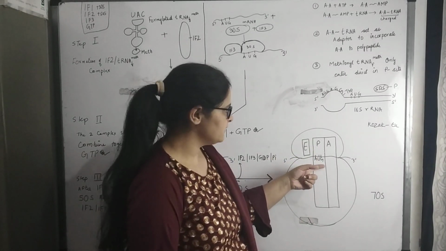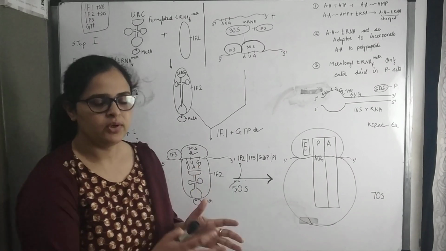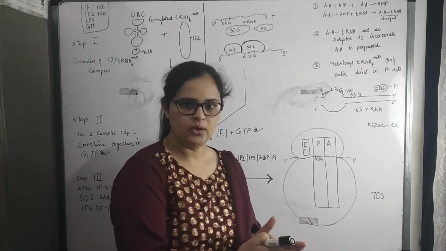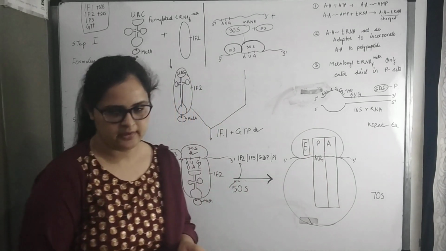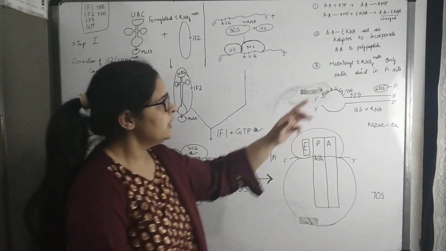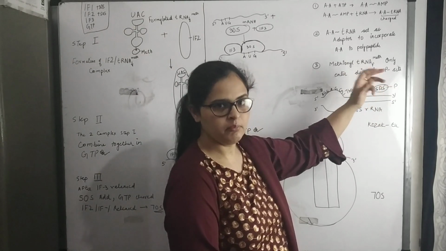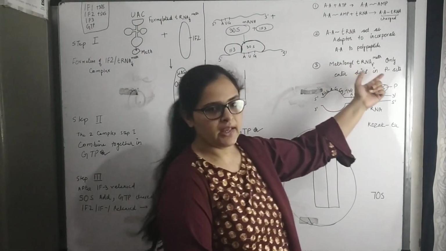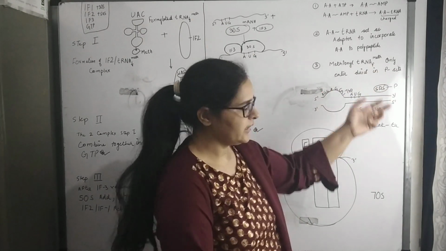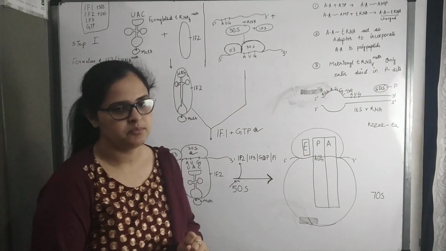P is the only site where the first tRNA with methionine will enter directly. So we can say that the formylated methionine tRNA can enter directly into the P site.